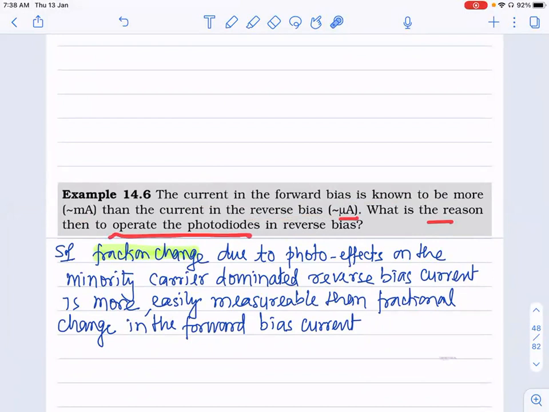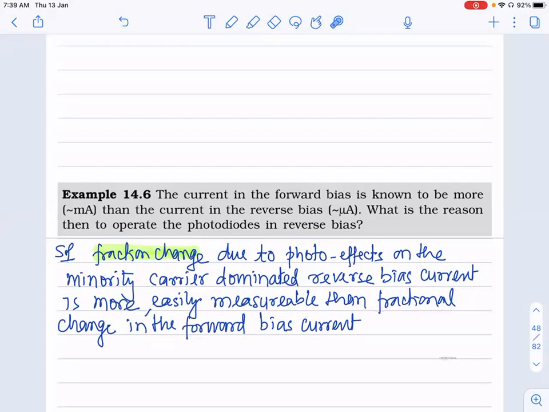To operate the photodiodes in the reverse bias, I told you already, the fractional change due to the photo effect on the minority carrier dominated reverse bias current is more. Change in the reverse bias current is more easily measurable than the fractional change in the forward bias current.